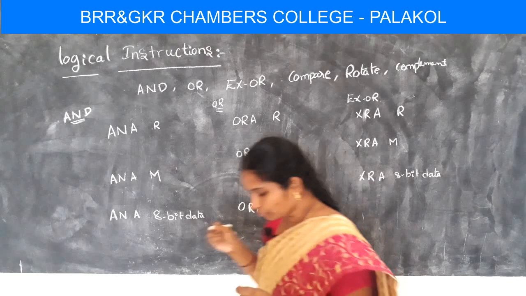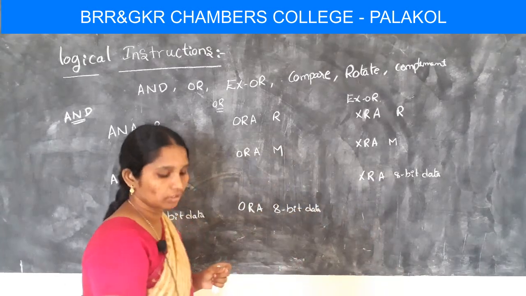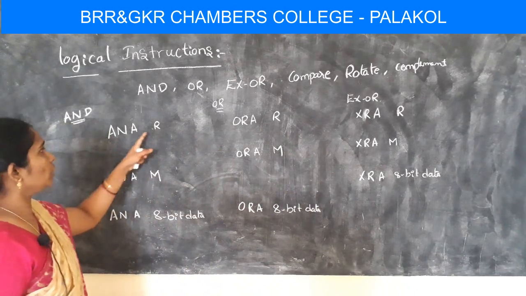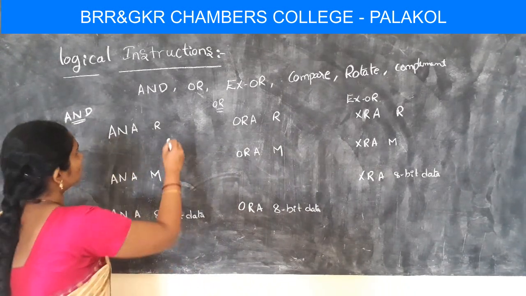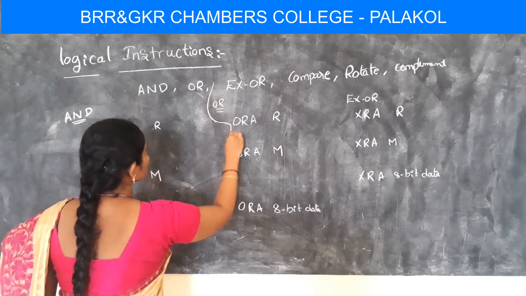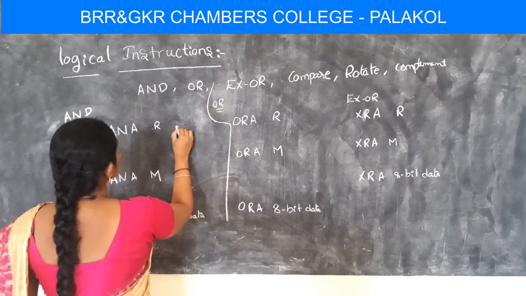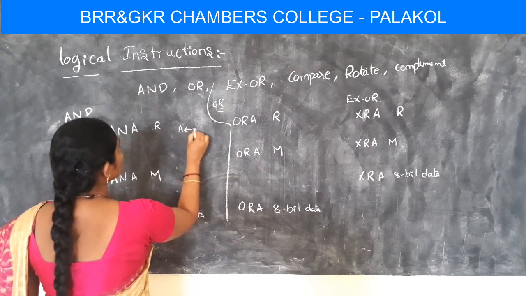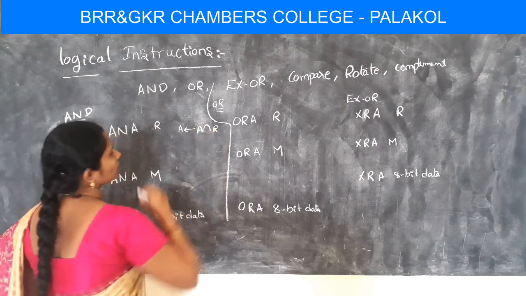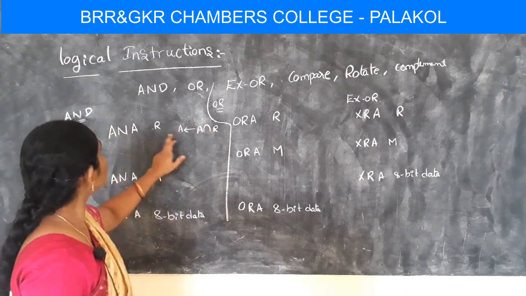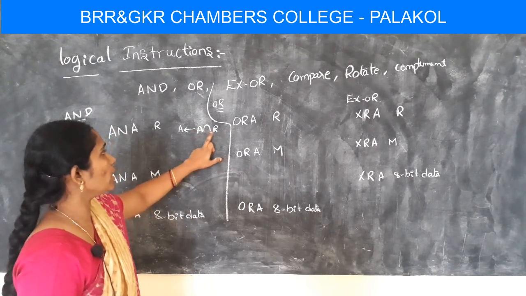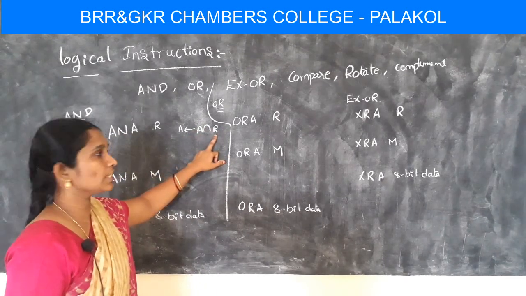Therefore, the meaning of the AND instruction is the AND operation with an accumulator. That is, A intersection of R, which means the accumulator is performing the intersection operation with the register.